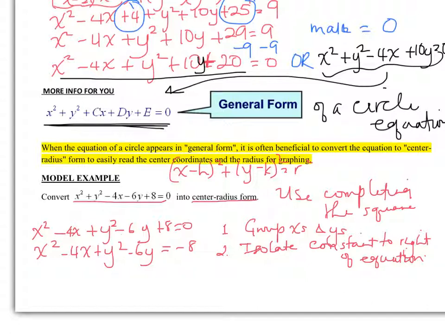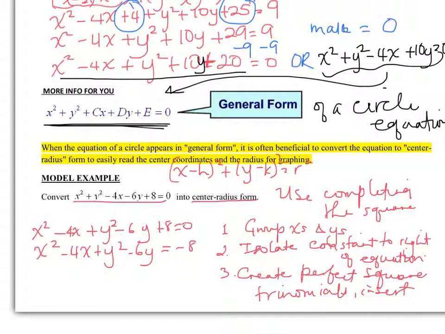Now we're going to fill in some blanks, right? We're going to create perfect square trinomials. And however we're going to do that, we are going to insert necessary values, just like completing the square.